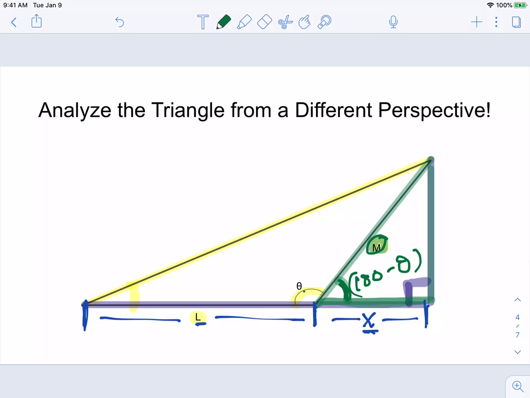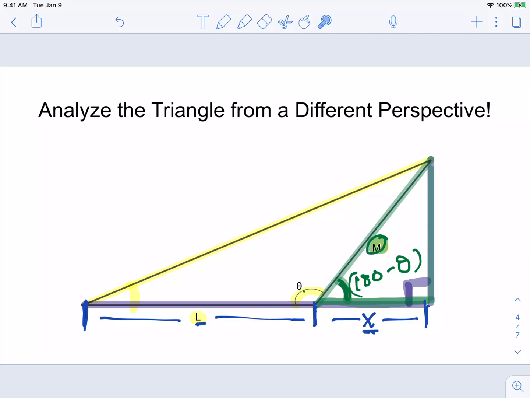Completely okay. Here's the thought process that you should go through. You should say, okay, I am trying to find out this variable. This variable is adjacent to the angle that I'm going to know. Adjacent. Okay? I also know the hypotenuse.